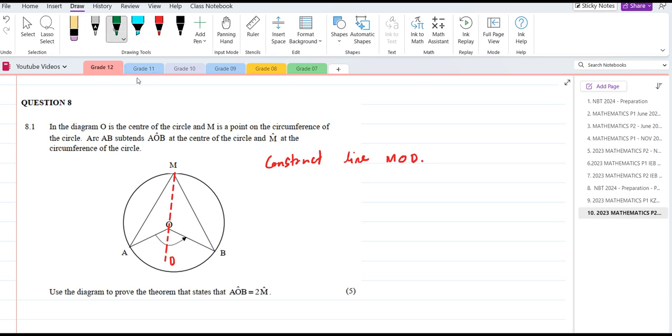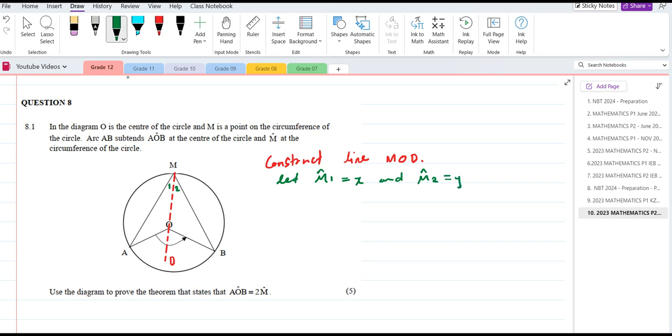Then we say let angle M1 be equal to X and angle M2 be equal to Y. M1 is X, M2 is Y.